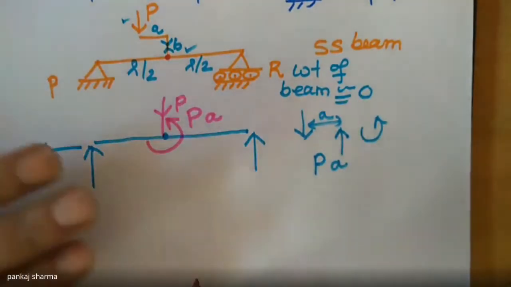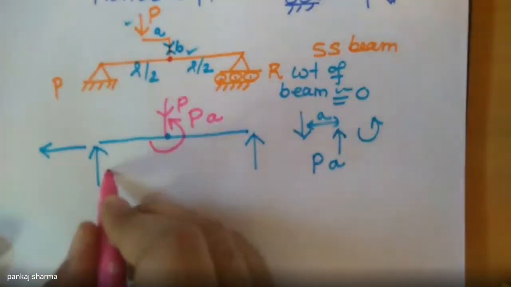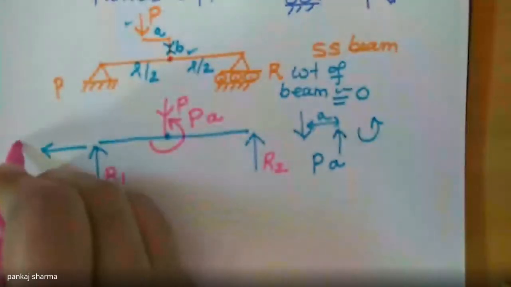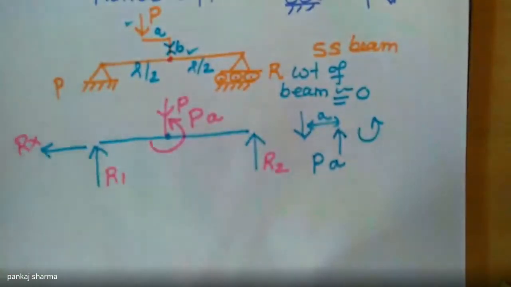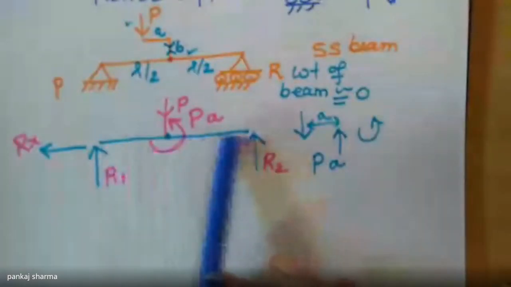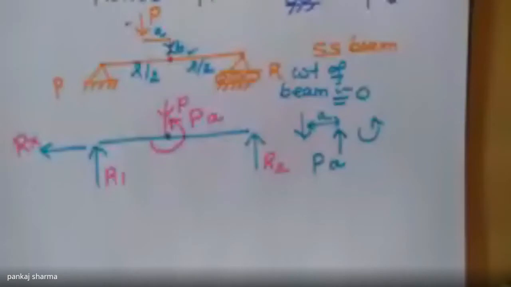It is simply a free body diagram of this beam. It is R1, it is R2, and it is Rx. We can directly say that this beam is subjected to no horizontal force.